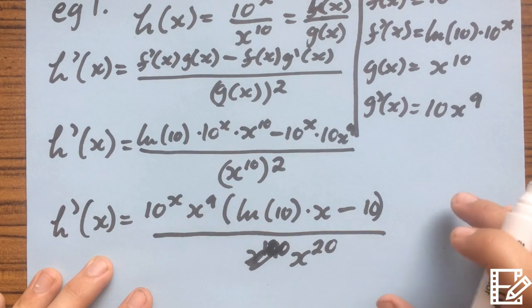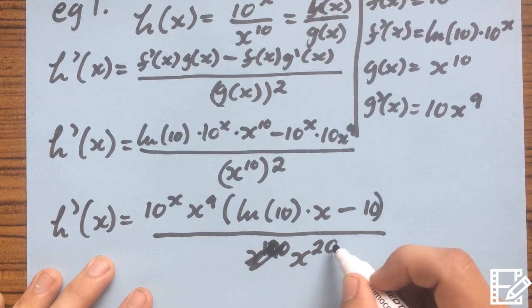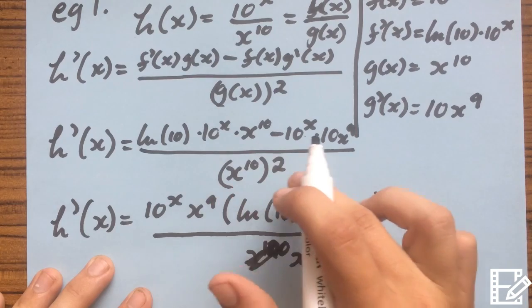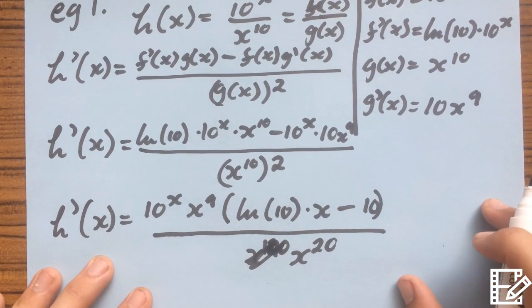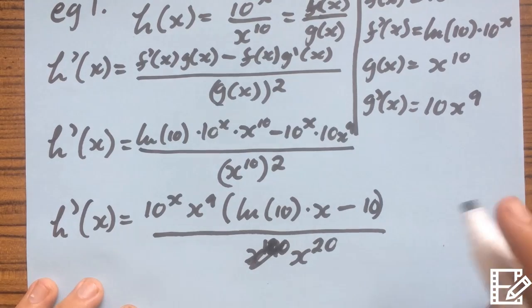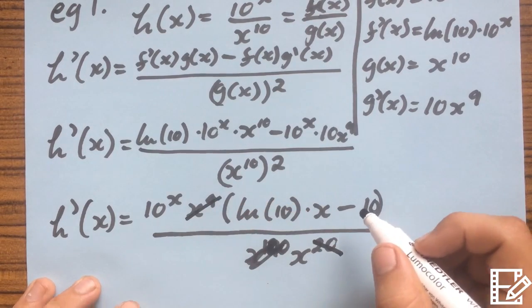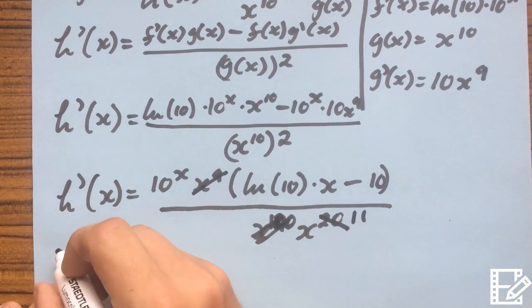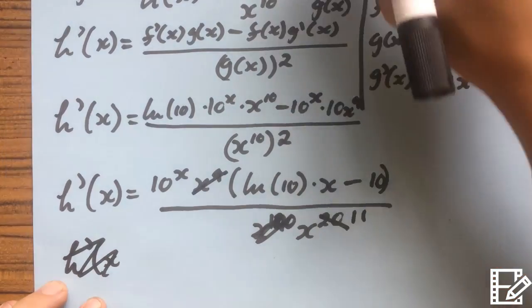I'm just going further. And I've got x to the power of 20 because when you expand x to the power of 10 and you multiply that together, you end up with x to the power of 20. So now I'm going to cancel off the x to the power of 9 from the 20, and get 11. That way my derivative, I'll rewrite it on a new page.